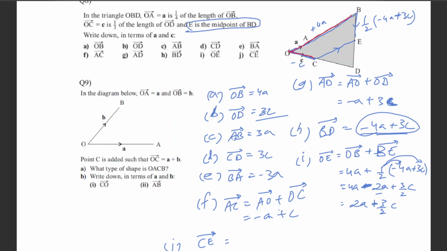So CE is equal to CO plus OB plus BE. So CO is minus of C. Why is it minus? Because we are going in the opposite direction. Minus of C plus OB is plus 4A because same direction, and BE we just calculated, or we can directly take it from this value, but let us write it like that, half of minus of 4A plus 3C.